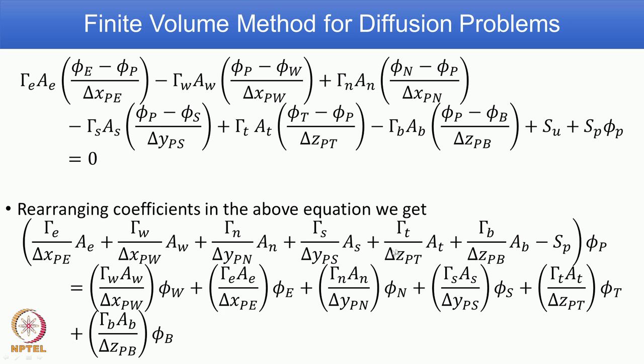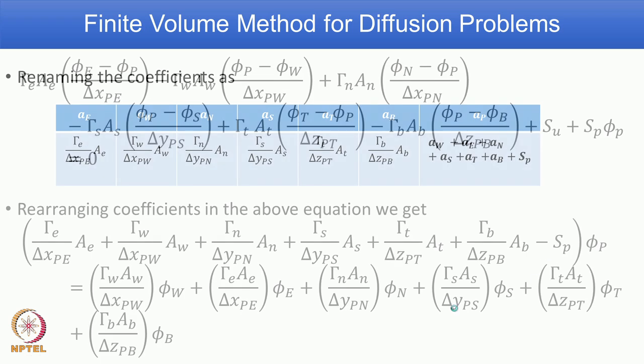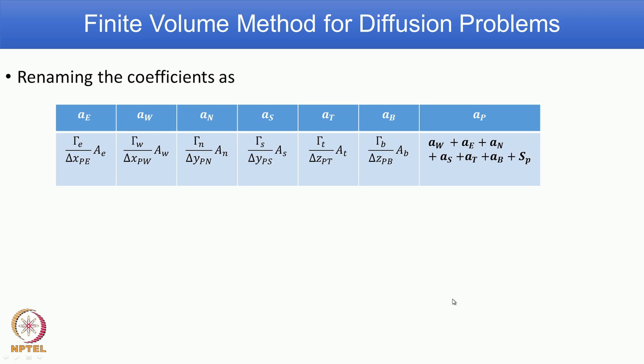So, this becomes a summation of individual neighboring node contributions plus the source term. So, a similar pattern we will follow: A_E, A_W, A_N, A_S, now A_T and A_B. These are coefficients rewritten, and A_P is the coefficient for the P node, and as observed before, it is the summation of all neighboring nodes' coefficients.